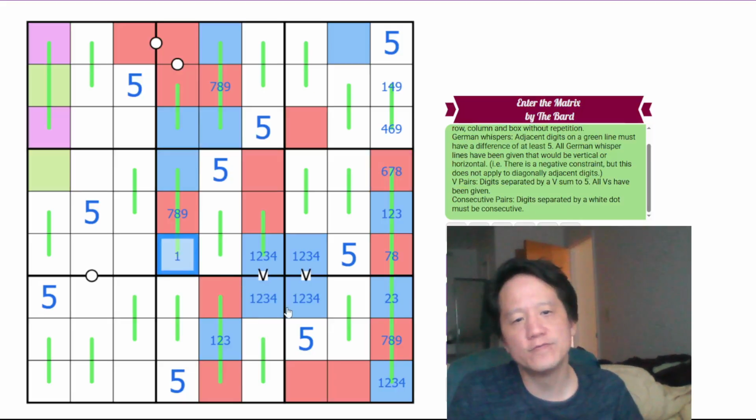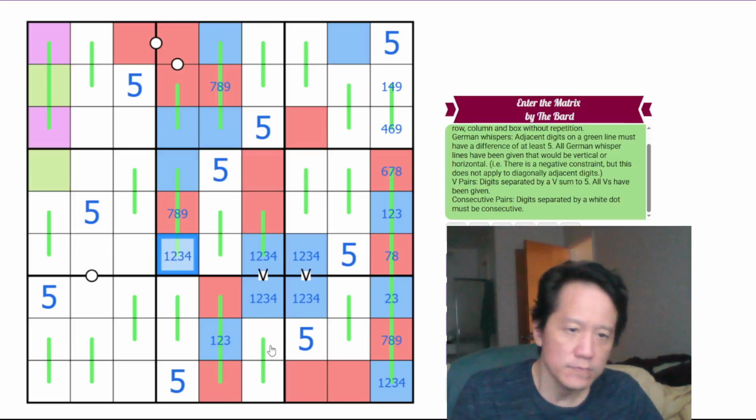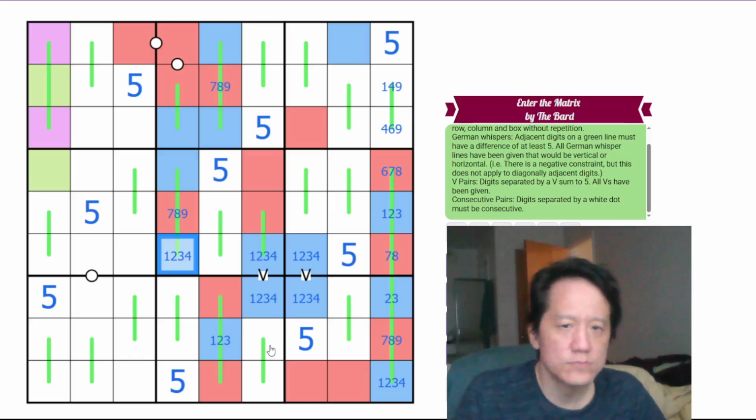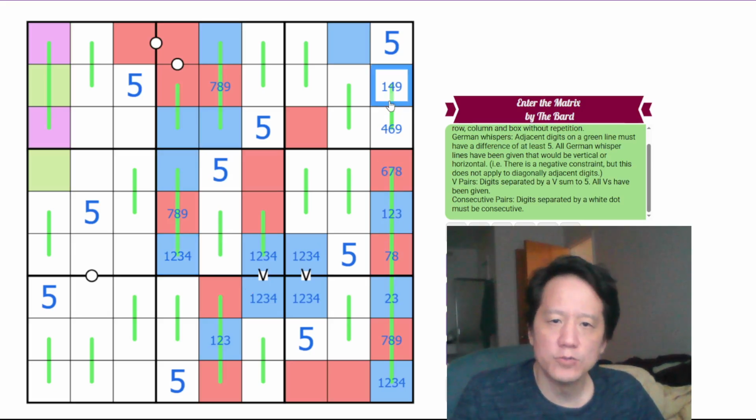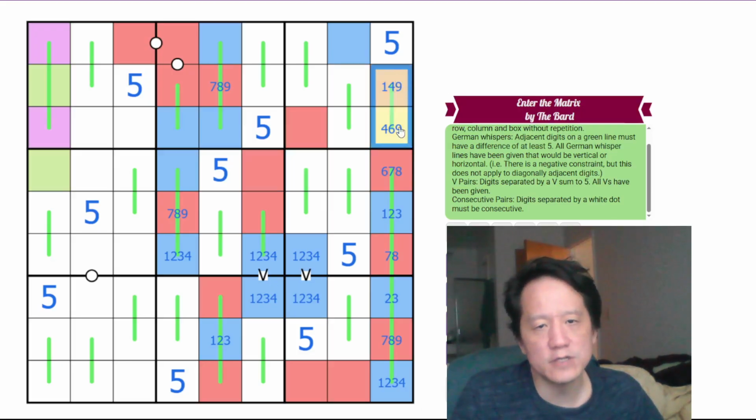This is 1 through 4 here. So whatever this set is, it has to be obviously different from that set. But if one of them is a 9, so say this is 4, 9, and 1, or say it's 1, 6.